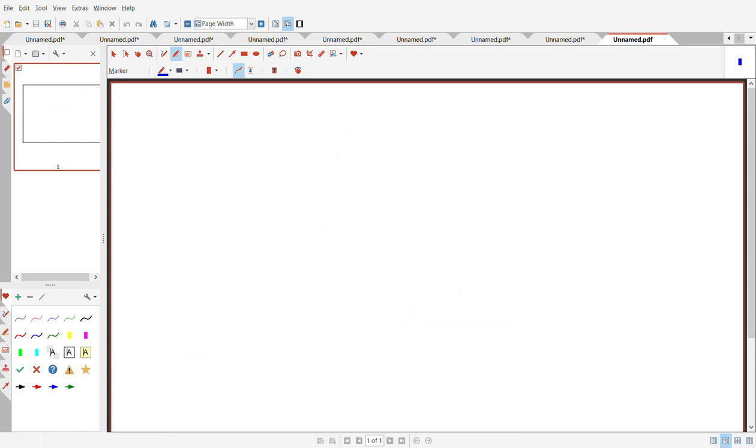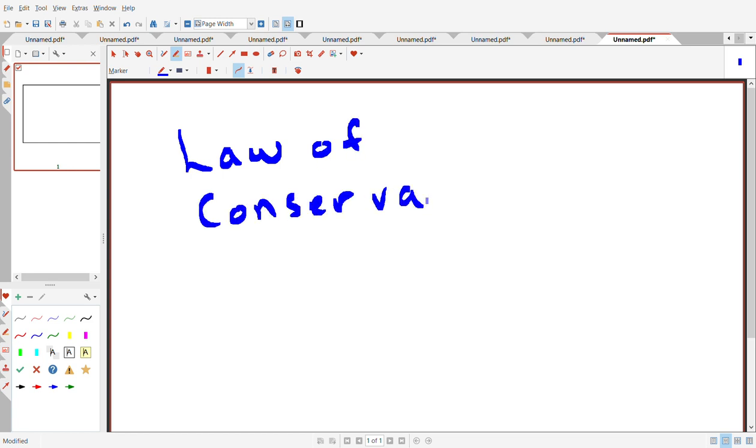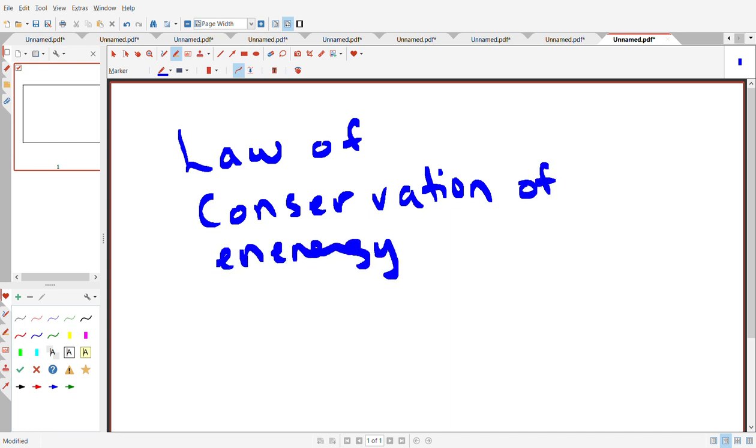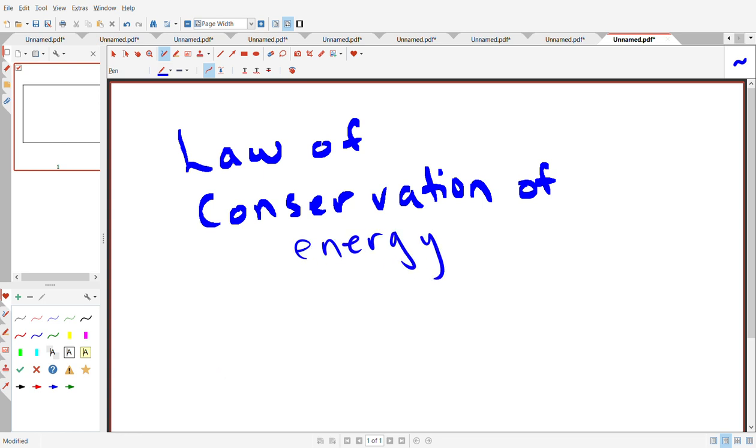Now, another thing they mention in this chapter is the law of the conservation of energy. And that's just saying that matter is neither created or destroyed.